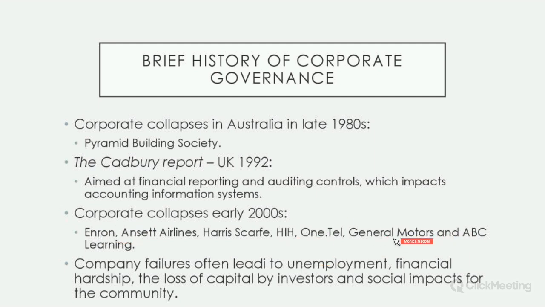Then you must be aware of General Motors. ABC Learning was an Australian company, ABC Learning Centers, and you have an assessment question based on ABC Learning. So have a look at these corporate collapses starting from 1980. A quick search online will come up with the corporate collapses, or search by their name, or just type corporate collapses.